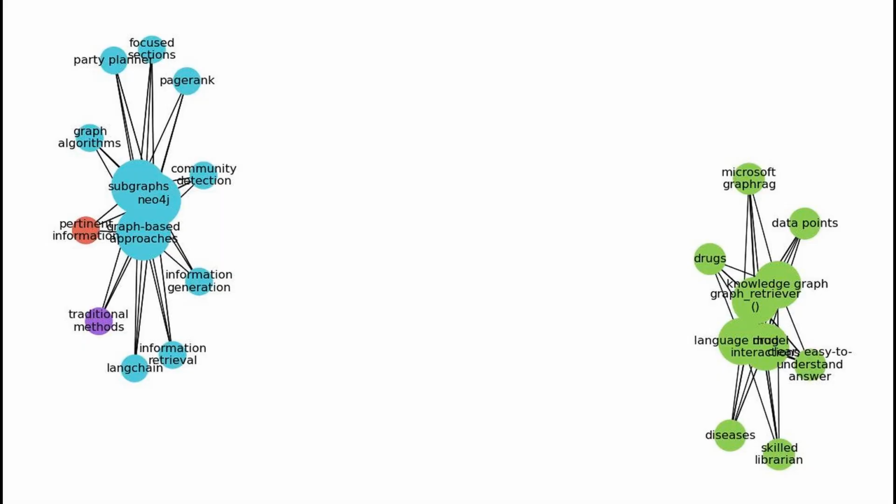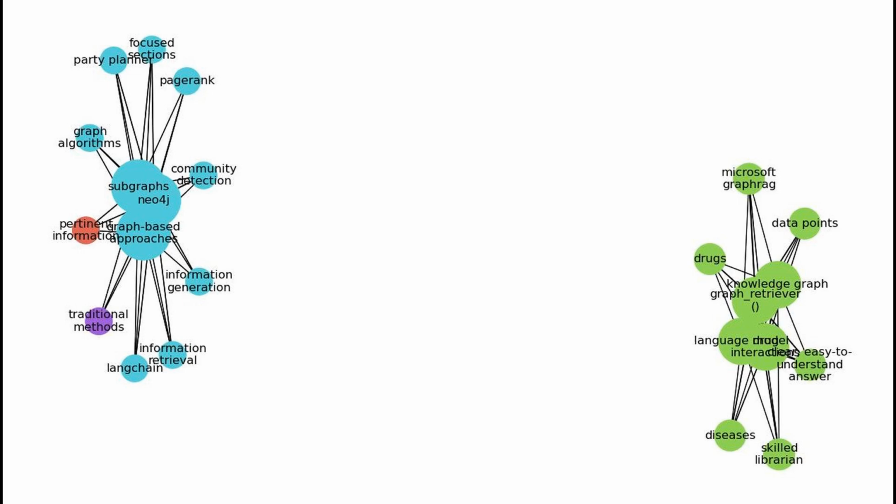Microsoft GraphRAG and Neo4j LangChain implement graph-based principles in unique ways to enhance how they find and utilize information for answering complex queries. Microsoft GraphRAG employs a function called graph retriever. This function acts like a skilled librarian searching through a vast library of interconnected books, looking for relevant pieces of information based on a user's question.